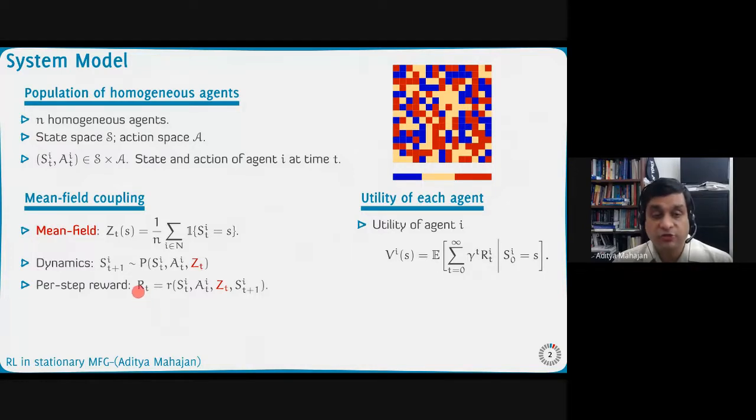I'm also going to assume that the per step reward which agent i receives depends on its current state, its current action, the next state that it goes to, and the population mean field. And we'll consider the expected discounted reward setup. So the valuation or the utility for player i starting from state s is given by the expected discounted total reward over an infinite horizon.